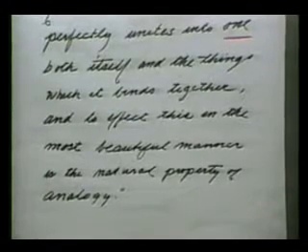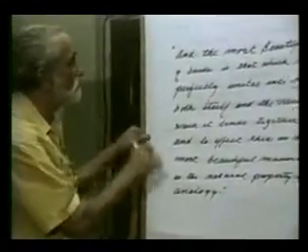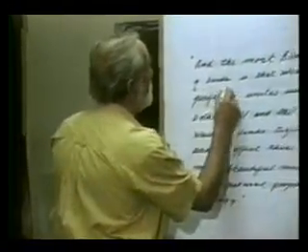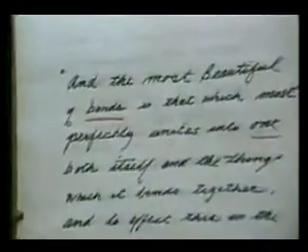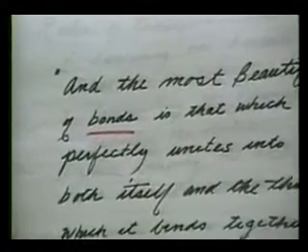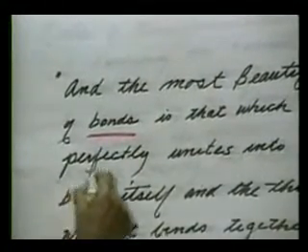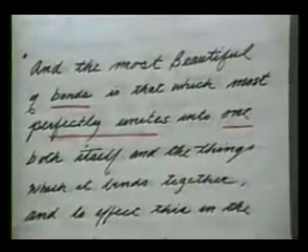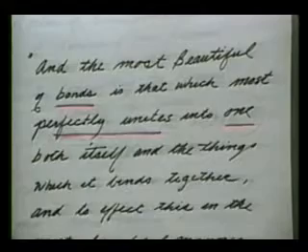Now, we have to show that by the study of analogy, this is not rhetoric, but this is most accurate and precise language. So we have to show that there's a natural intrinsic bond to analogy. It perfectly unites into one, so it's a way of unifying both itself and the things which it relates.